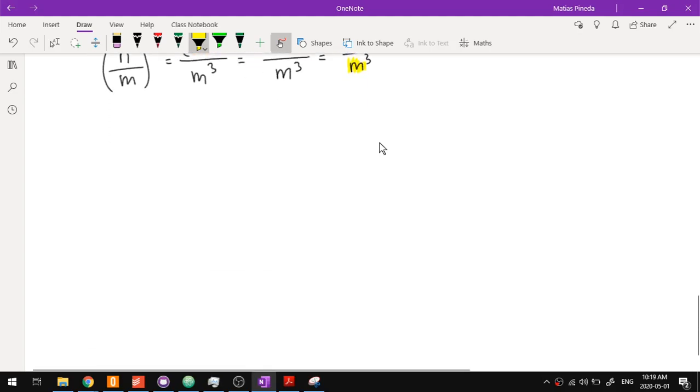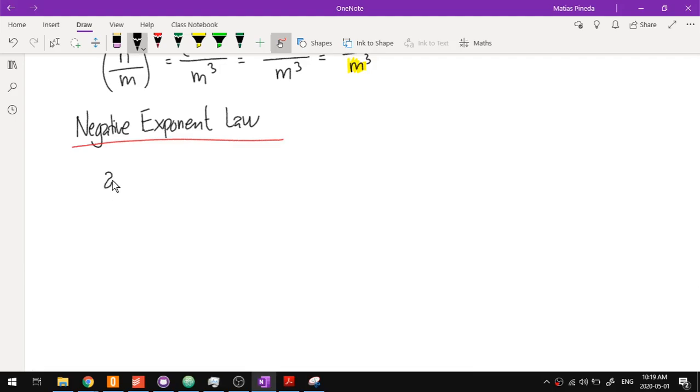And then finally, let's have a look at the negative exponent law. So we can do an example like a to the power of -4, and we can multiply that by a to the power of -1.